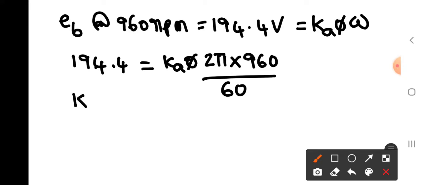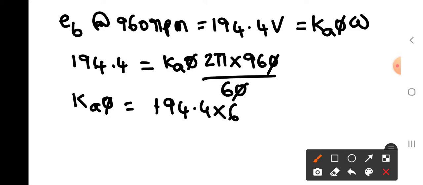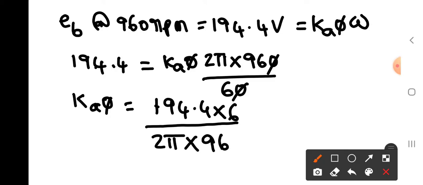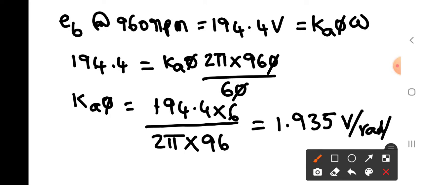Therefore Ka pi is equal to 194.4 into 60 divided by 2 pi into 960. This value is 1.935, and the units are volts per radian per second.